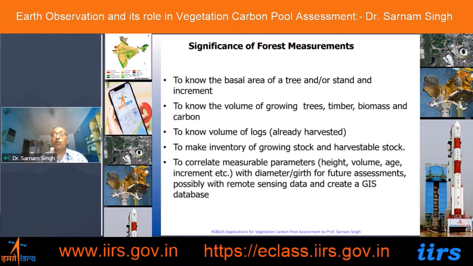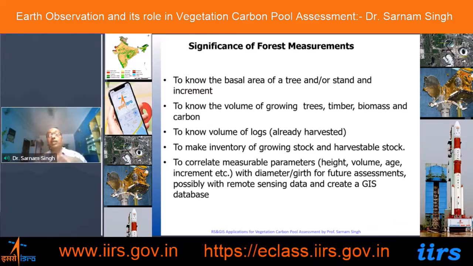So how do we go about it actually? Let me go into a little more about the methodology part of it. It's very easy, let me tell you, to assess the basal area. Let us say we have a tree. If I know the diameter of it, it's possible for me to find out the basal area. Now basal area, height, diameter, volume, carbon, biomass, these are all correlated to each other.